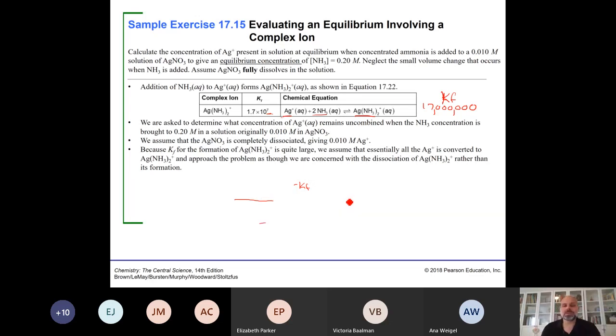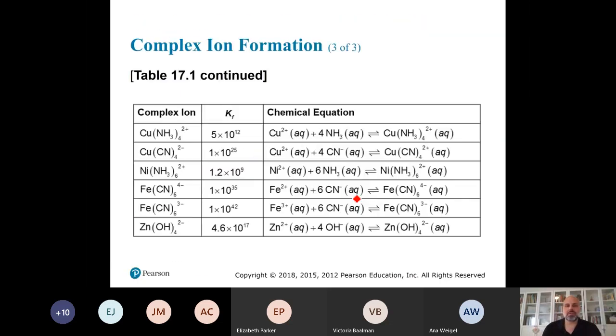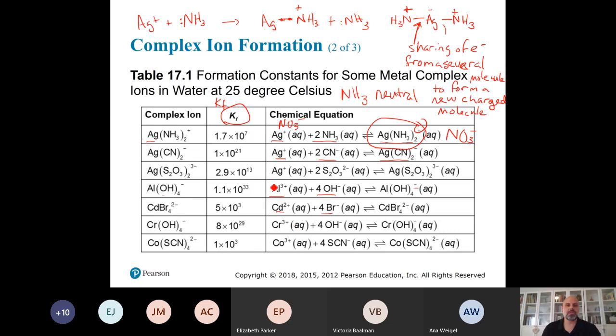What is considered a large Kf? So if we go back to the tables here, you can see all of the Kfs are going to be large, right? So everything here is extremely large. Anytime you have a Kf, it's going to be large. They're all considered large, because if you remember, most of our Ksps and our Kas are all 10 to the minus something.